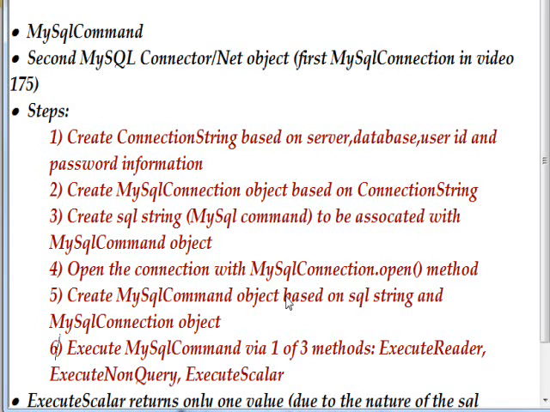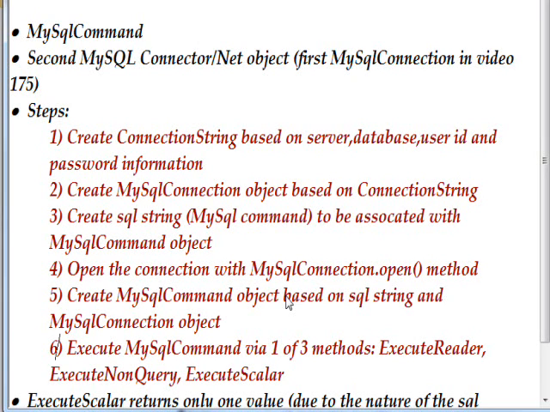Then you need to create a SQL string that is the SQL command that you're going to pass to MySQL via the MySQL Connector/NET object. And then you need to open the connection with the MySqlConnection.Open method. And then you need to create the MySqlCommand object based on the SQL string, that's the MySQL native command, and also on the MySqlConnection object.